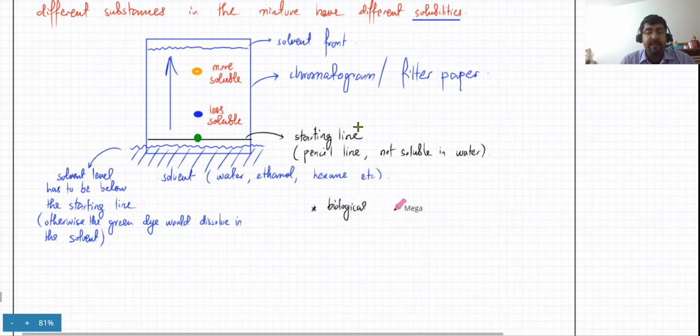You can't really see them; they're colorless. So biological substances like amino acids are not visible.